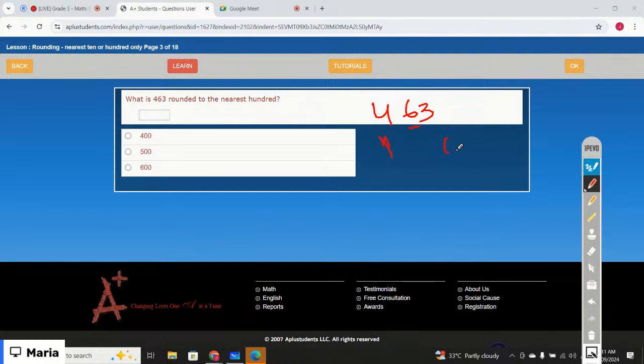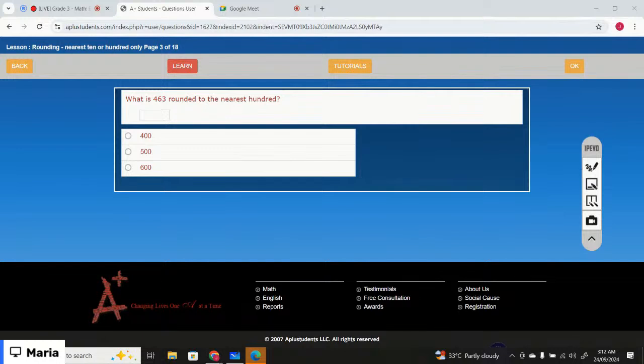The next one is 6. 6 is greater than 5. That means you need to round up. 463 is rounded off to 500. You need to round up, add 1 to the hundreds digit and replace the other digits with 0. So it would be rounded off to 500. The correct option is 500. Option number 2 is the correct option, not 400. 500 it is.